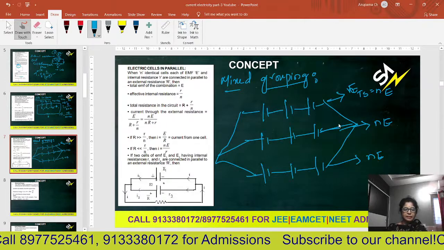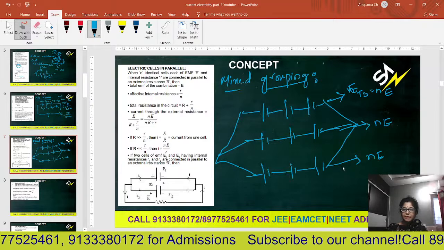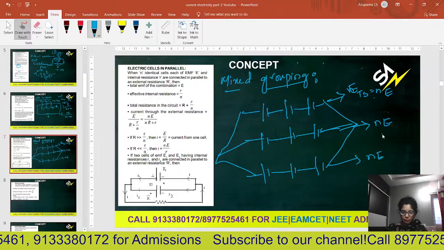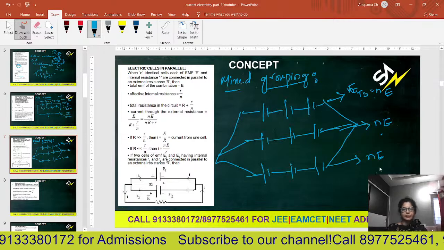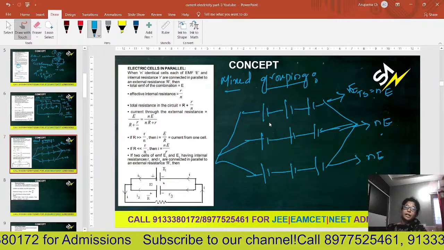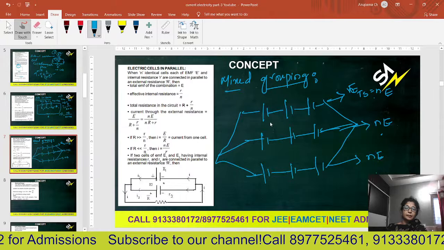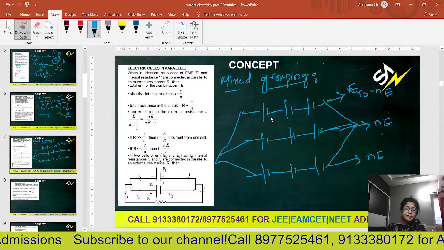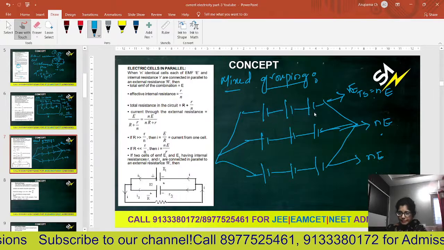You can see here they are parallel to each other, meaning NE is parallel to another NE, which is parallel to another NE. Now what about the internal resistance among these batteries?